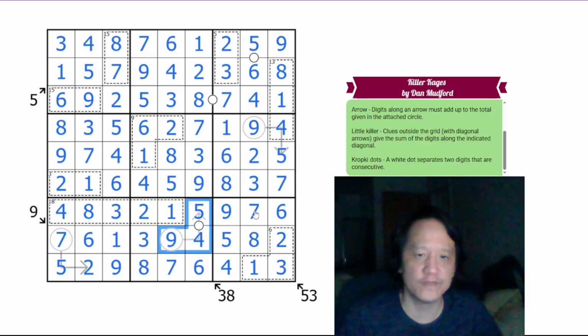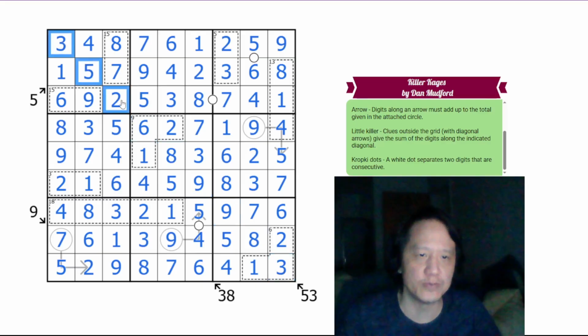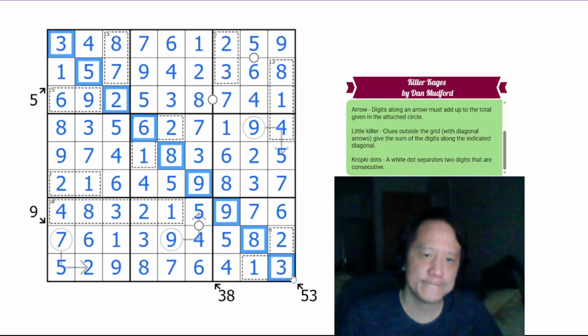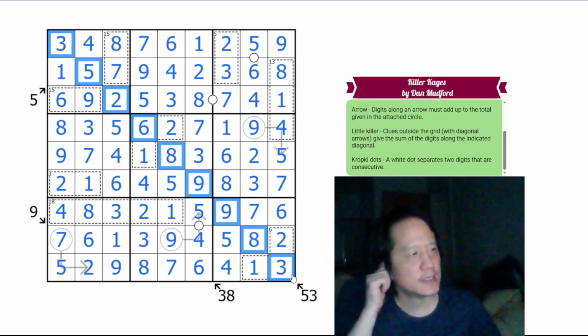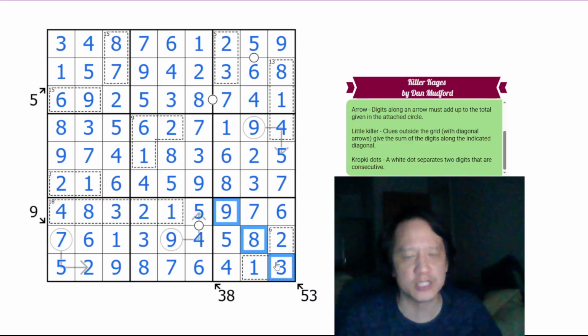Yep, fairly straightforward. Obviously, there's going to be some things like, for example, knowing that this diagonal was very restrictive. I guess, this is just something that comes with experience of doing killer clues or killer cage Sudoku.